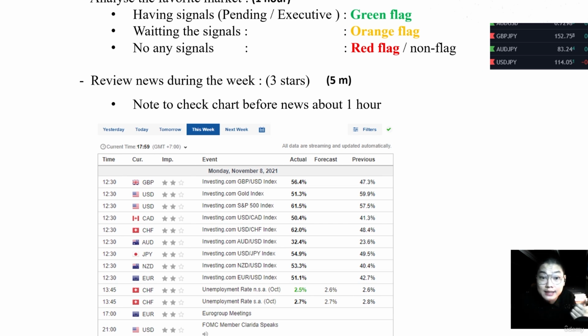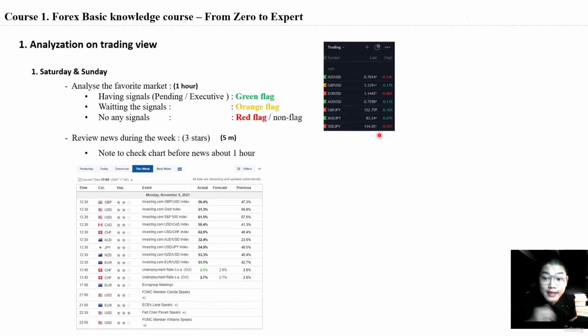I will analyze the markets before the news to know whether there is any fluctuation in the markets, and I will exit my entry at that time, or I will enter before the news to get the highest profits before the news. That is how I trade with the news.